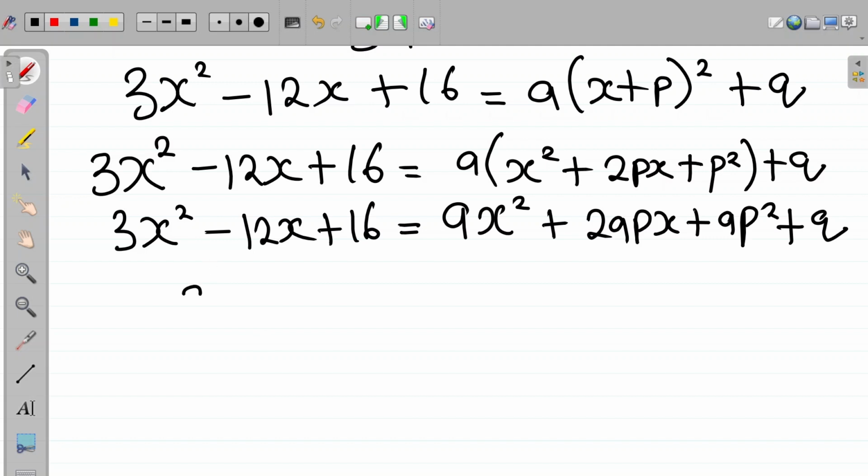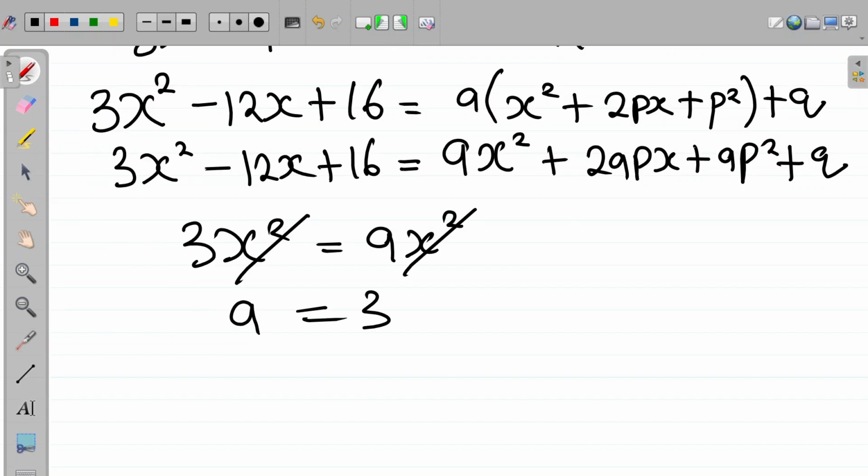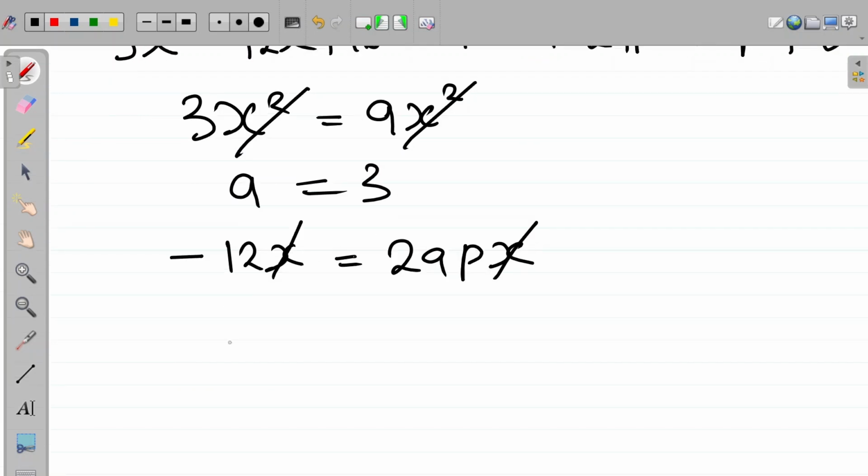So we have that 3x squared is equal to a x squared. So at this point, x squared can cancel out x squared. So a is equal to 3. Also, minus 12x is equal to 2apx. So x can cancel out x. We'll be left with minus 12 equal to 2ap.